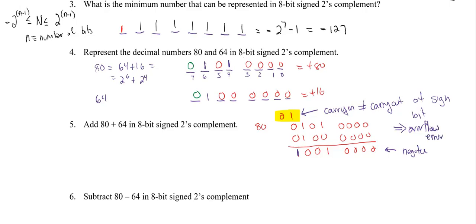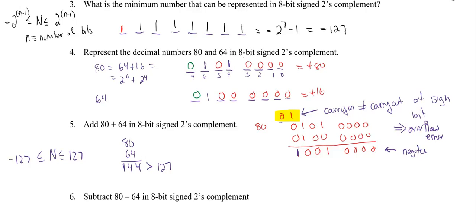And clearly, if we add 80 plus 64, that's 4, 8 plus 6 is 14, 4 carry the 1, so we end up with 144, and that's greater than 127. We said our N has got to be less than or equal to 127, and greater than or equal to negative 127. So we expect an overflow.